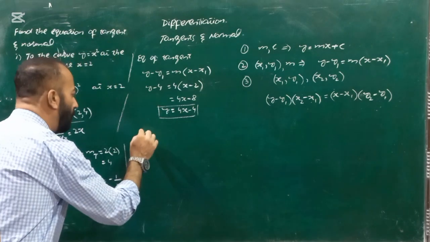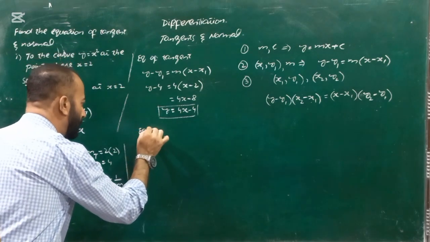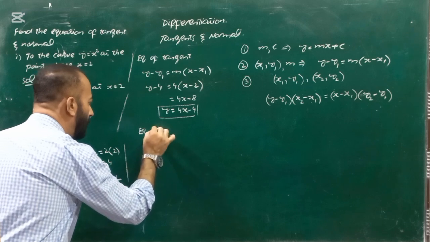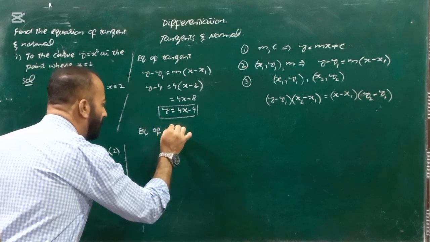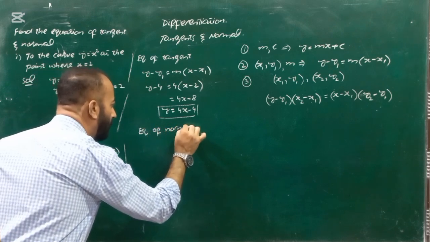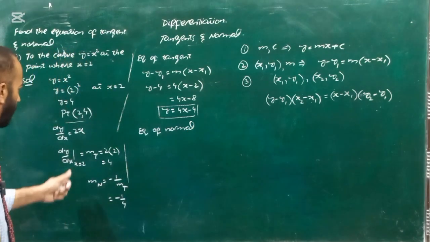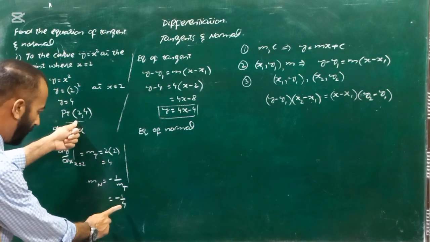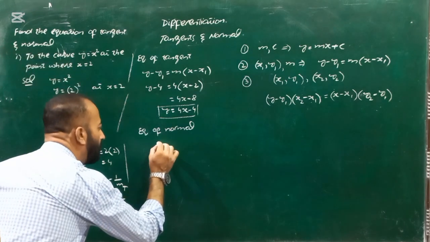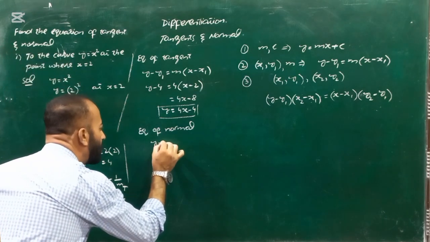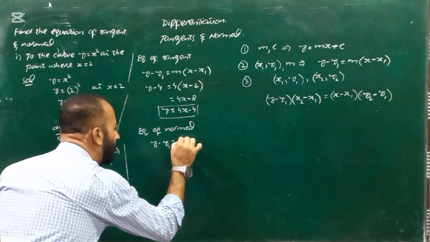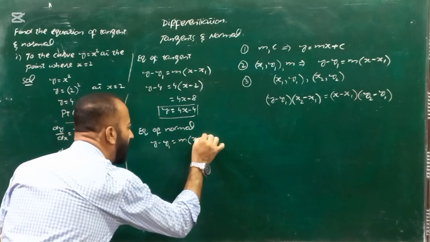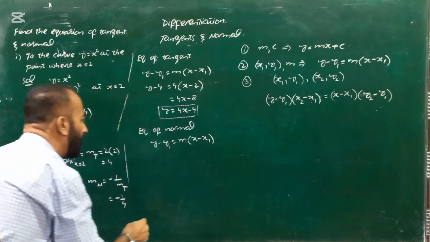Now the equation of normal. So look now, again this point is given and the gradient of normal is this one. So again the formula will be used, y minus y1 is equal to m into x minus x1.